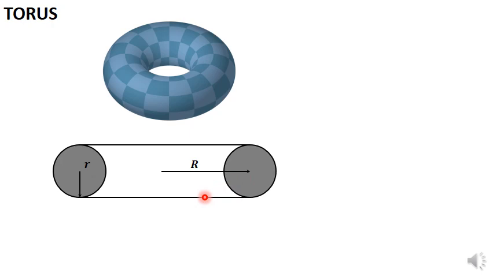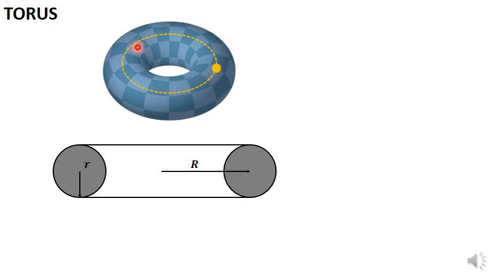To determine the volume of the solid, it is not that difficult. We'll use the same definition as for our upright solid. Let us consider this circle here, which is found at the middle of the torus.